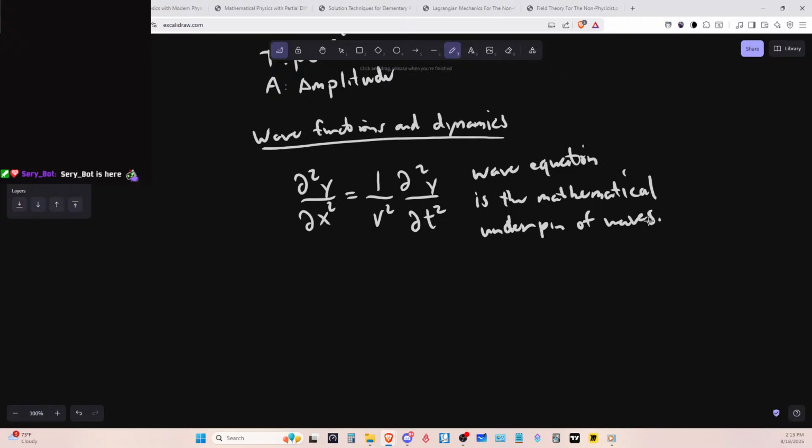The reason I write that is because this equation defines the behavior of waves as we discuss it. Of course, I don't think I'm going to try to solve this because I haven't gotten to that part in partial differential equations, but this is sort of the theoretical way of looking at waves. That's why I'm leaving this footnote here.